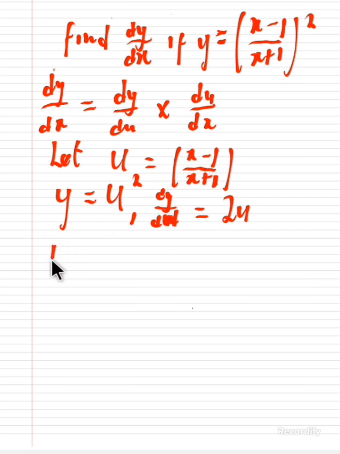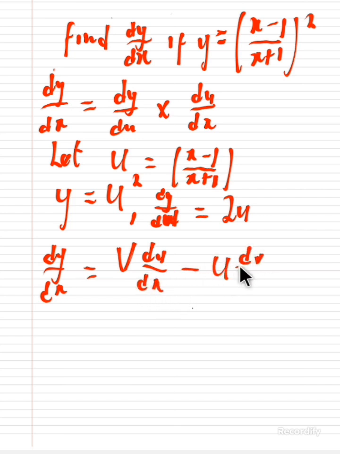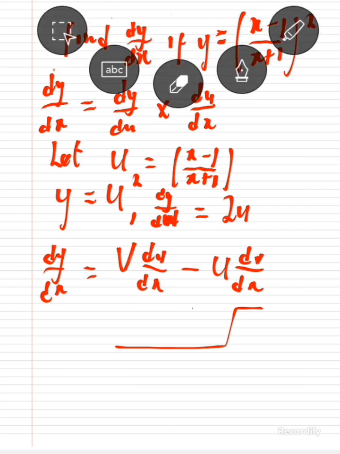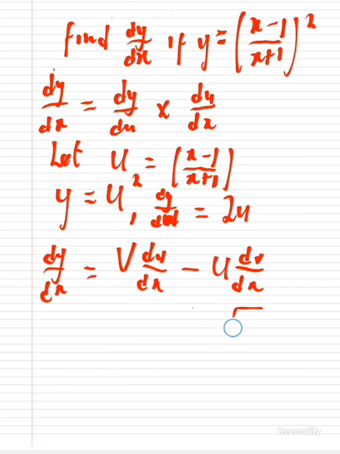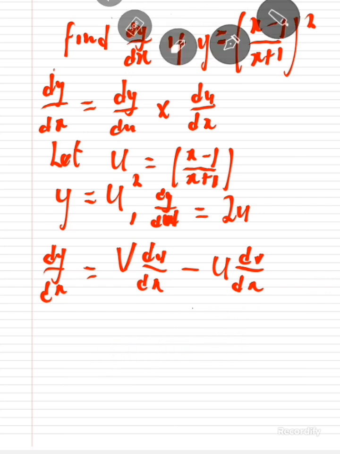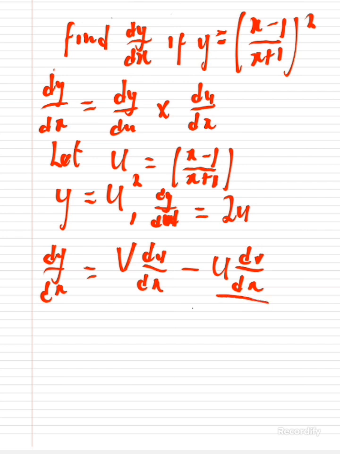And the quotient rule says that dy/dx is equals to v du/dx minus u dv/dx, and everything all over v squared.